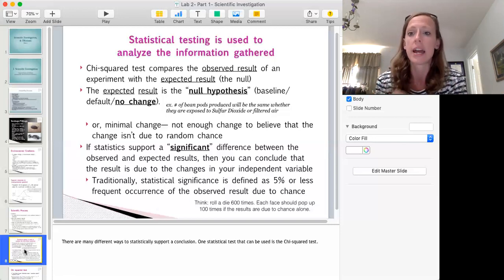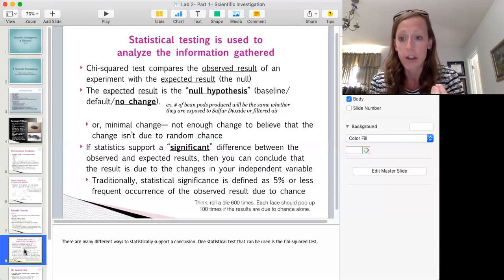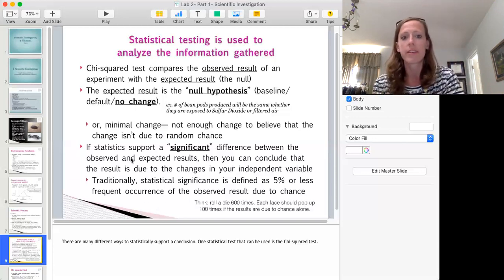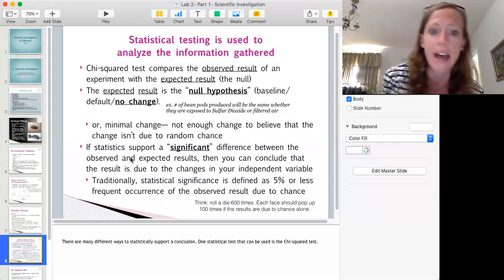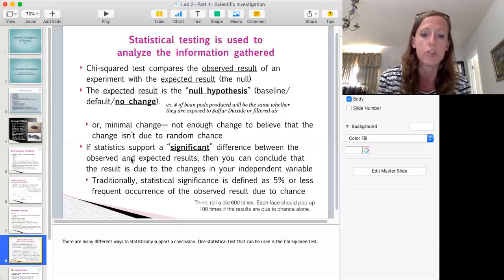So what you then will say is that you will do some calculations to show that there's something out of the norm here, and that I can back that up using the chi-squared test, okay? So all the words on this slide are basically saying what I just told you, that there's going to be no change or minimal change, not enough that the change couldn't be due to chance.